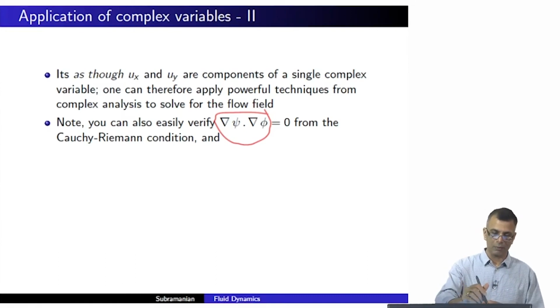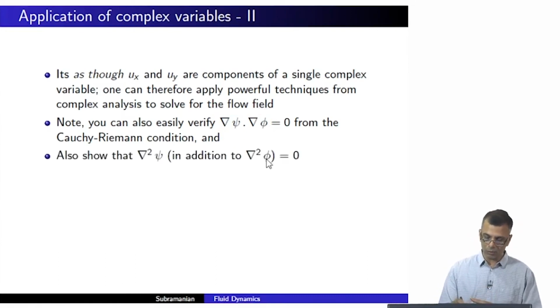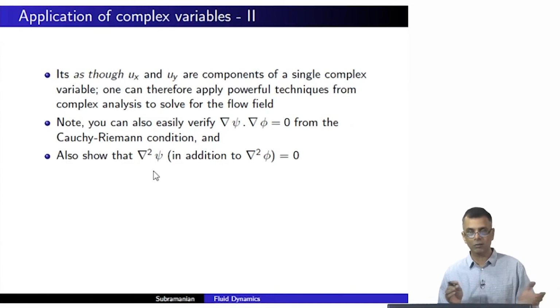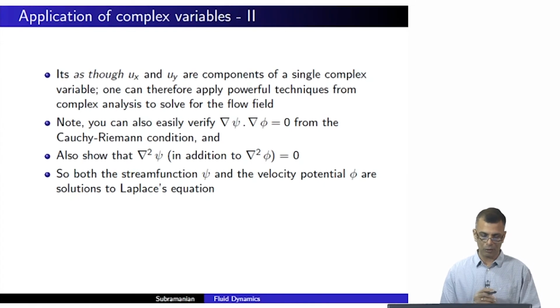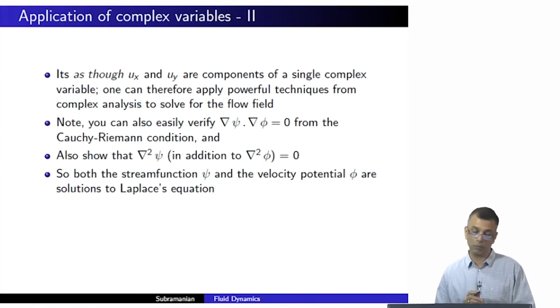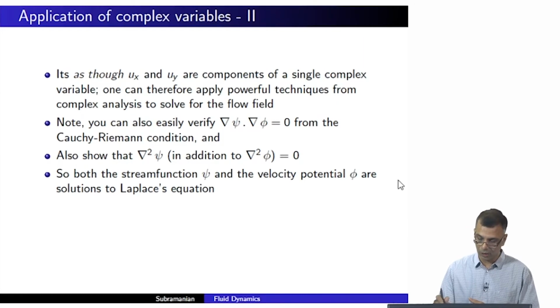In addition to the fact that del squared phi equals 0, which follows from incompressibility and irrotationality both, you can also show that del squared psi is also equal to 0. So both are solutions to the Laplace equation, with different boundary conditions, of course. So this is another remarkable thing: both the stream function psi and the velocity potential phi are solutions to the Laplace equation.